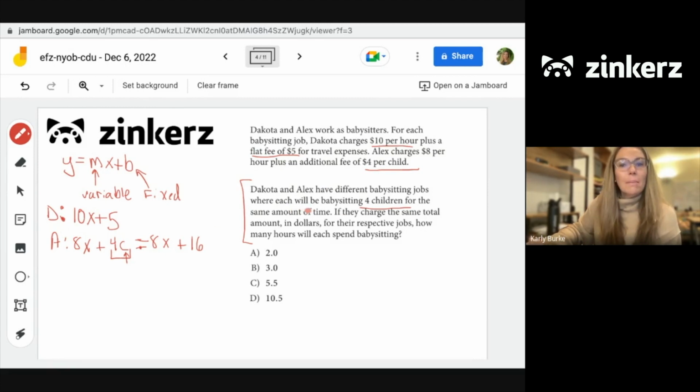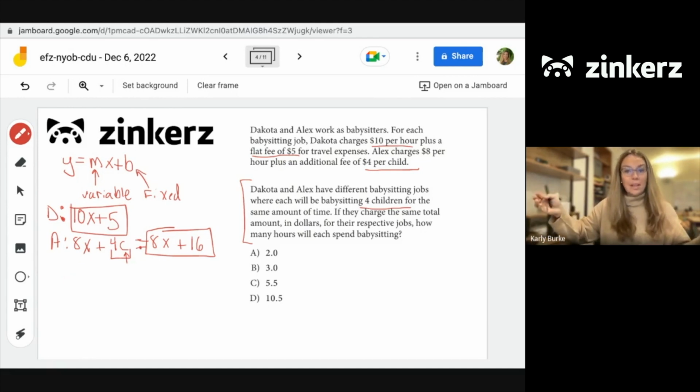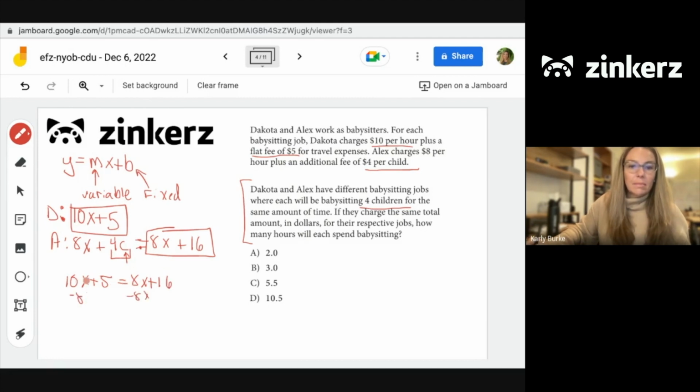For the same amount of time, if they charge the same total amount, how many hours will each spend babysitting? So this is how much Alex charges. This is how much Dakota charges. If I know that they're charging the same amount, I can just set them equal to each other. This is just a system. All right, so I'm going to subtract 8x from both sides.